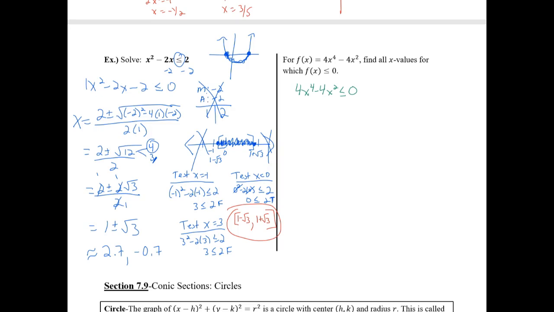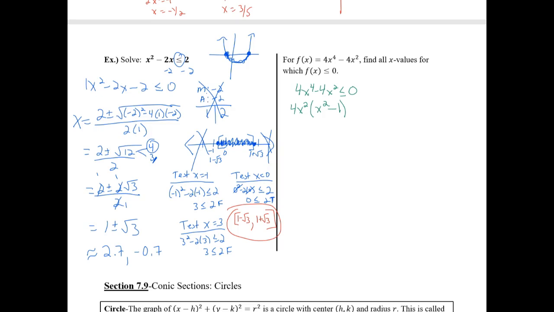We need to factor. We always start with our GCF when we factor. So I'm going to pull out the GCF of 4x squared. What's left when I take that out? I took the 4 out, so an x squared minus 1, right? 4x to the fourth divided by 4x squared is x squared.